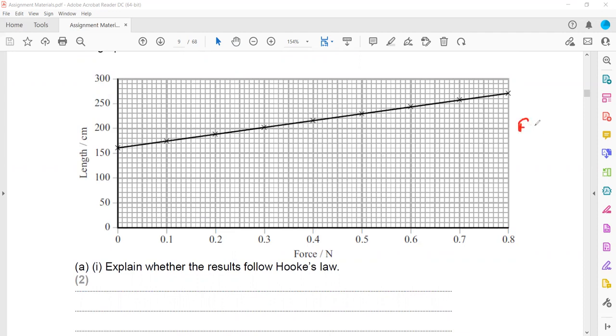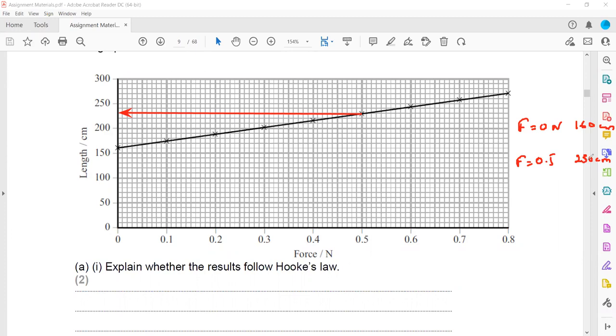When the force is 0 newtons, the length was 160. When the force is 0.5, it is 230, but that is in centimeters.